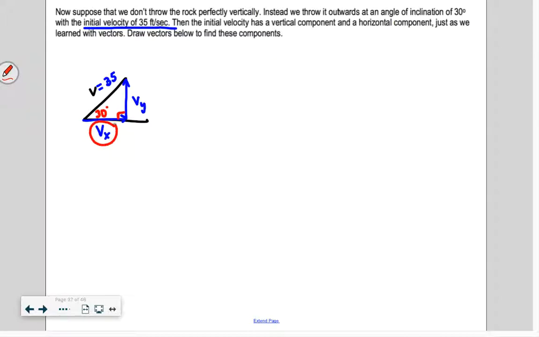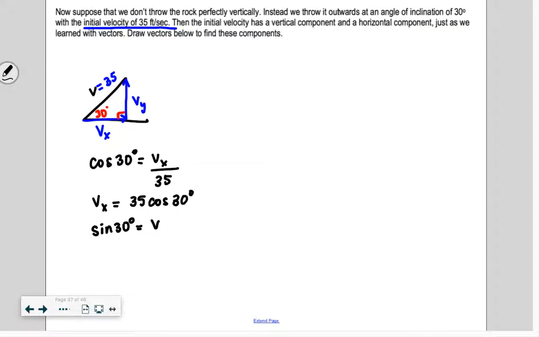So let's say I want to find v sub x. This is adjacent and hypotenuse, right? So we're going to set it up with cosine. So the cosine of 30 degrees equals v sub x over hypotenuse. So we get v sub x equals 35 times the cosine of 30. And v sub y, well, that's going to be sine of 30 equals opposite, which is v sub y, over hypotenuse.